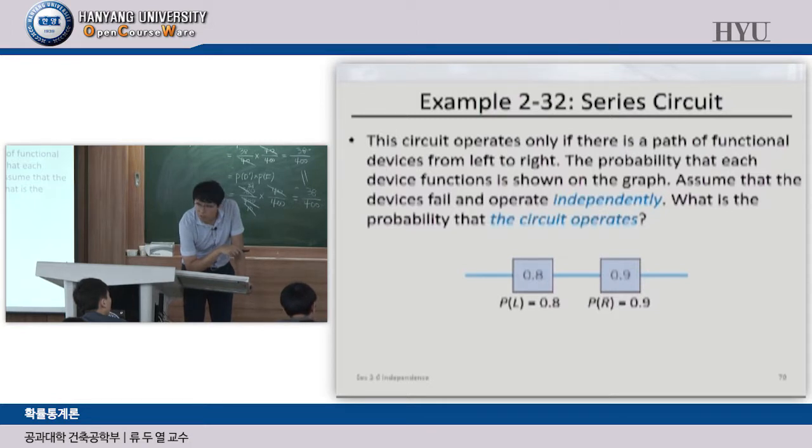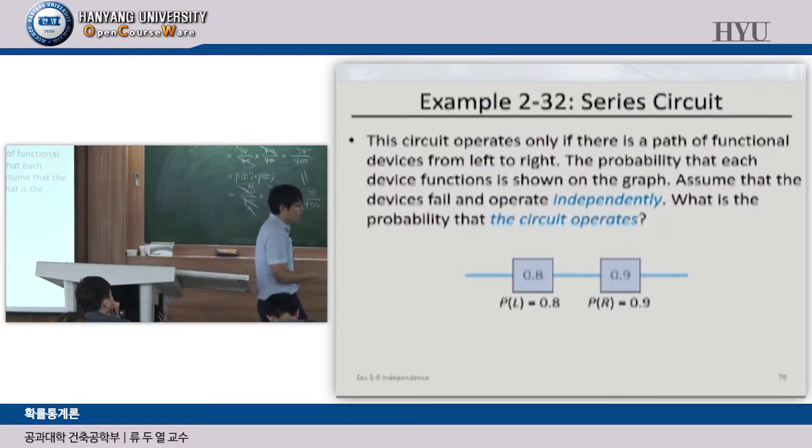This is the series circuit, right? The current in this circuit should be passing through the left device and the right device. So to operate this circuit, both the left device and right device should be working, right?